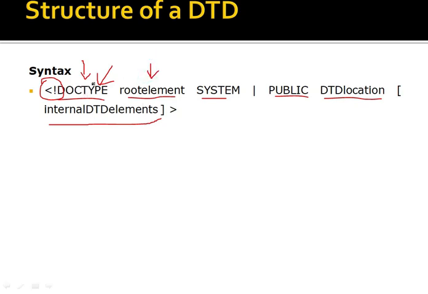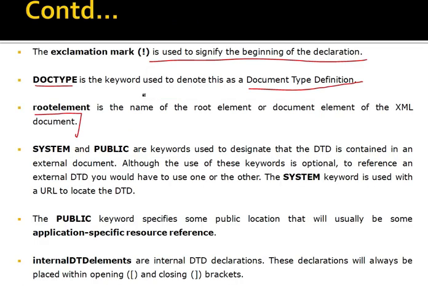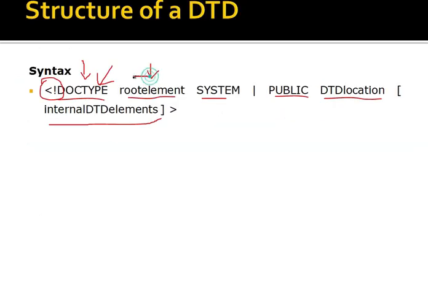This tells that this is the start of a DTD. The root element is the name of the root element, or document element, of the XML document. This is the root element in the XML file.